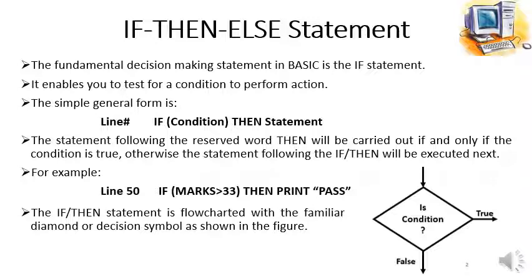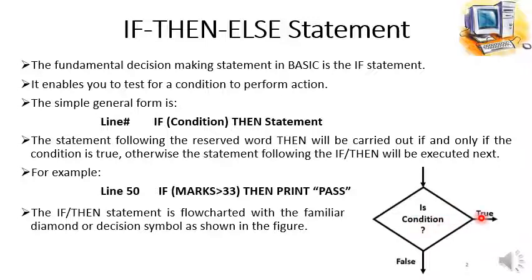The if then statement is flowcharted with the familiar diamond decision symbol as shown in the figure. Just like here in this figure, you can see that the diamond symbol is used to represent the decision statement in programming, as we have studied in the flowcharting unit.